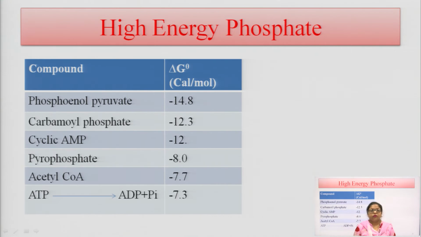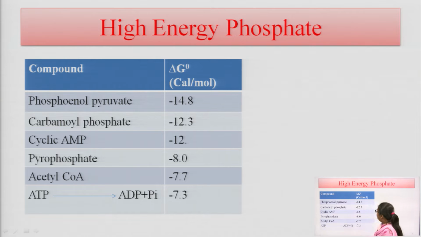What are the high energy phosphates? These are different compounds which yield a large amount of energy when they undergo hydrolysis. They are intermediate products formed during the metabolism of carbohydrates and other biomolecules.